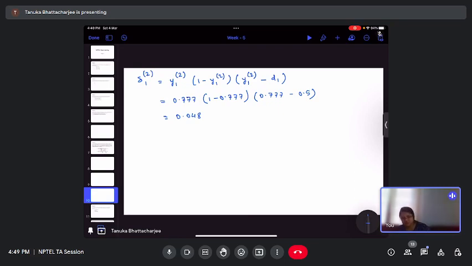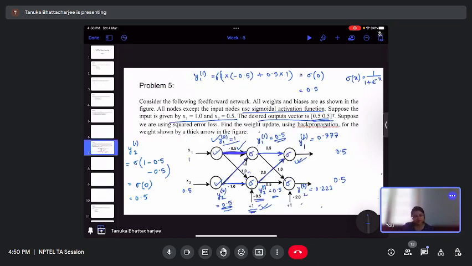Similarly, you will have to compute the last layer's second neuron. So that formula will be y22 into 1 minus y22 into y22 minus d2. That will be the formula for the second neuron. And what is y22? y22 we computed as 0.223.